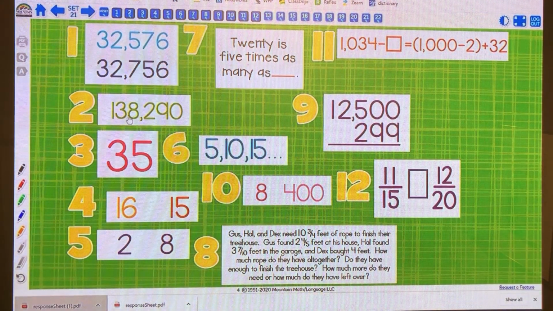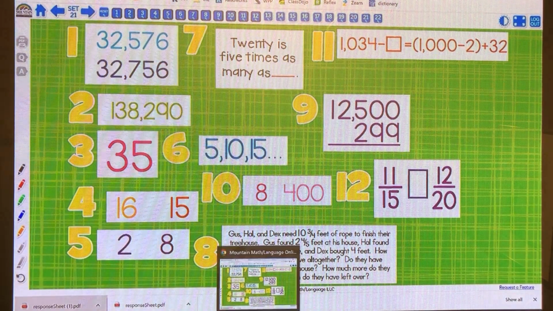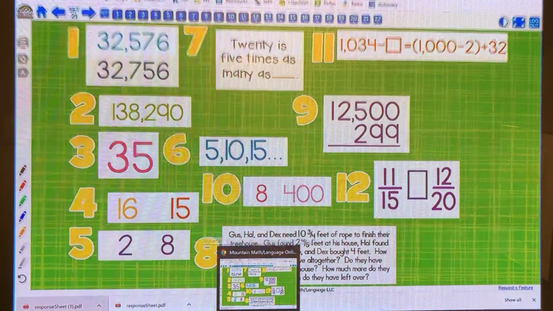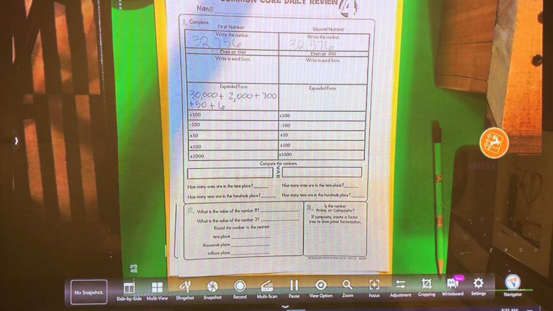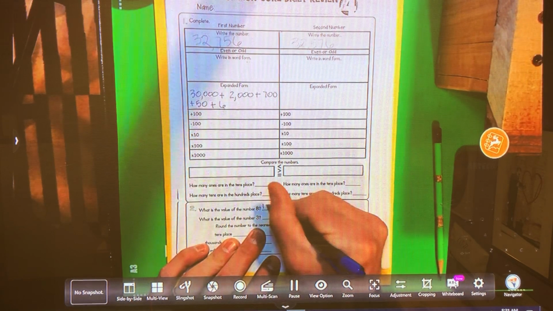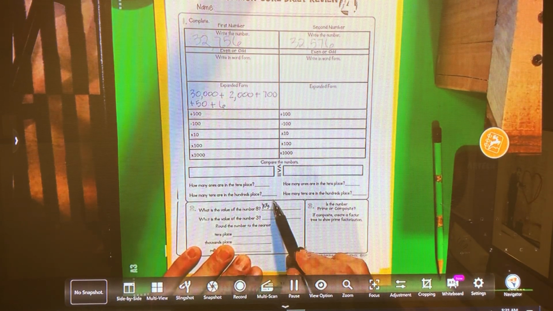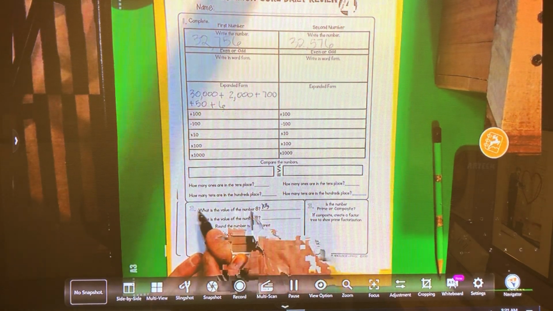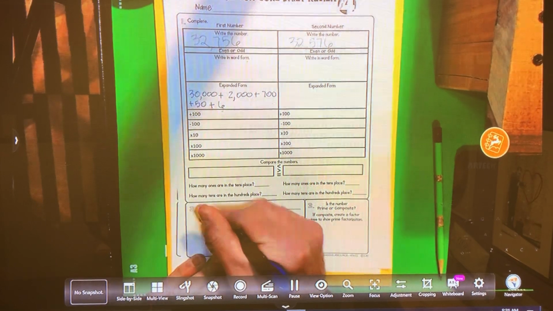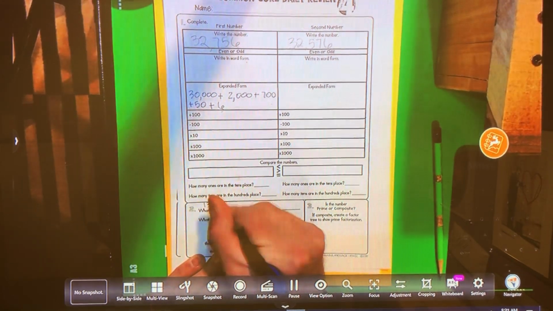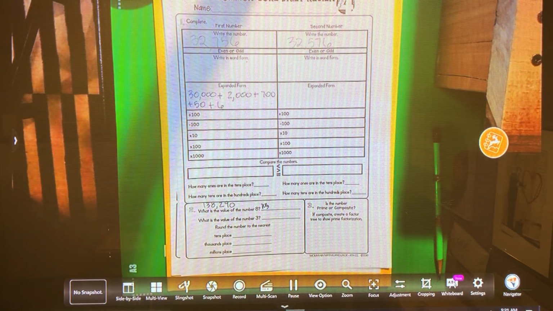Our number is 138,290. So when you're writing this number here, just write it above in this particular space right here, okay? 138,290, okay?